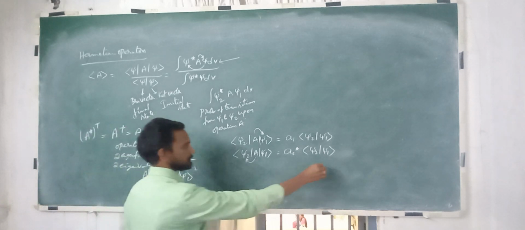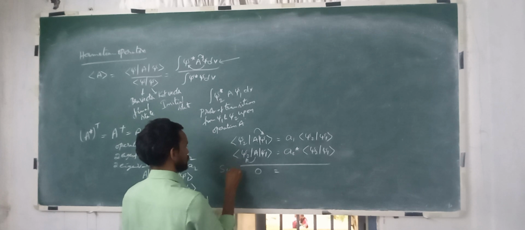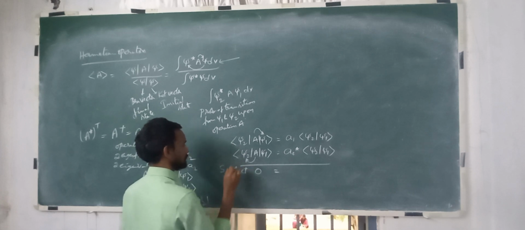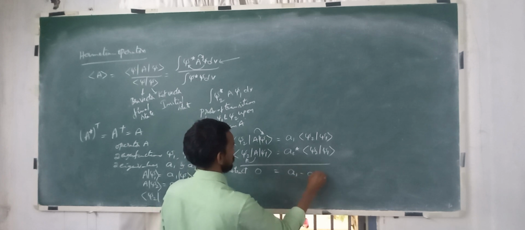If I subtract, this is 0. This is a1 minus a2 star.